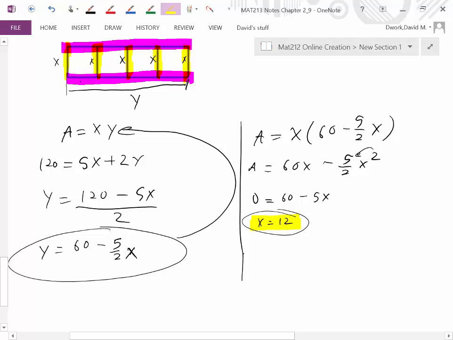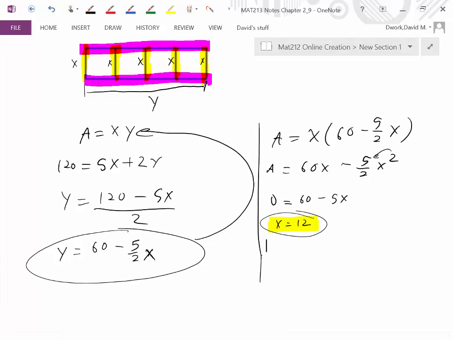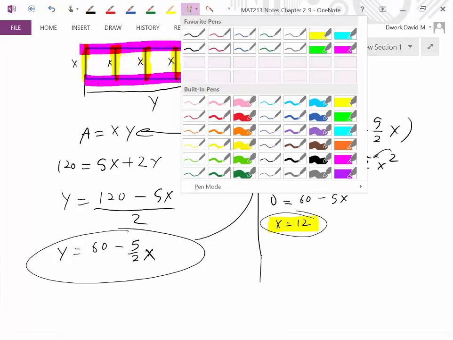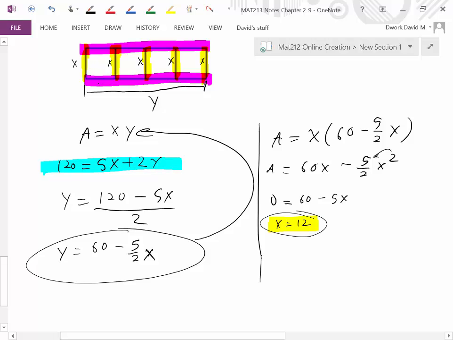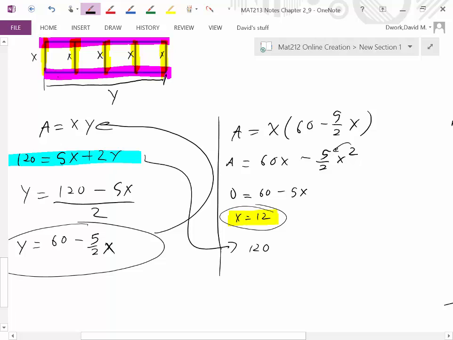Now to figure out the other dimension, I need to know y. And the good news is I have an equation right here that has x's and y's. I know x is 12, so 120 equals 5 times 12 plus 2y, and that will tell me what my y should be. So I subtract the 60, so that's 60 equals 2y, so therefore y equals 30.